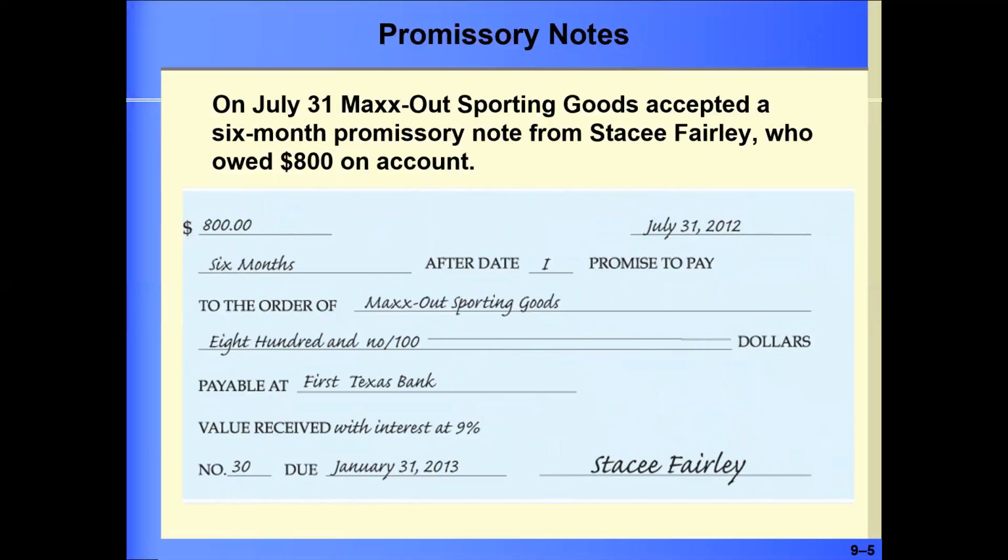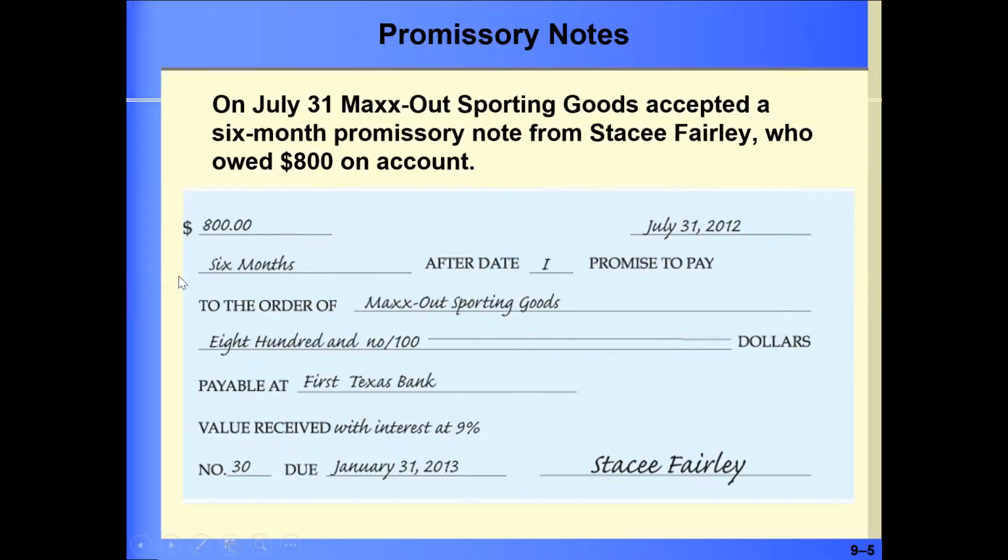You have a customer who has had trouble paying you. Your company is Max Out Sporting Goods, and Stacy owes you $800, and she's not paying the accounts receivable. She's having trouble paying you, so you come up with an arrangement with her where you issue a promissory note in place of the accounts receivable.